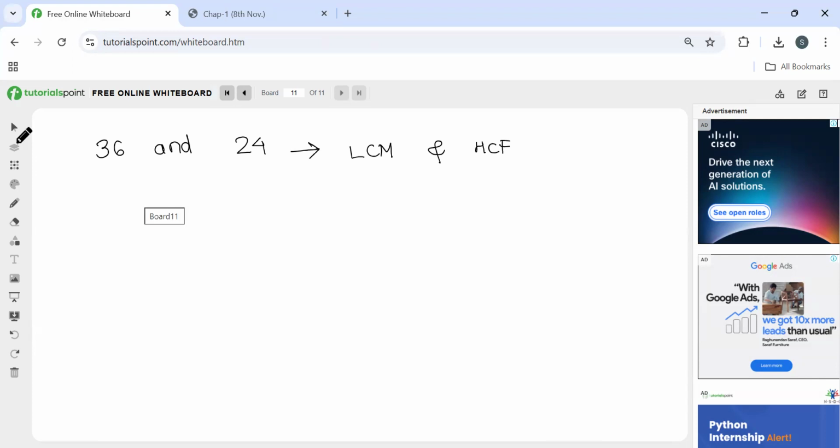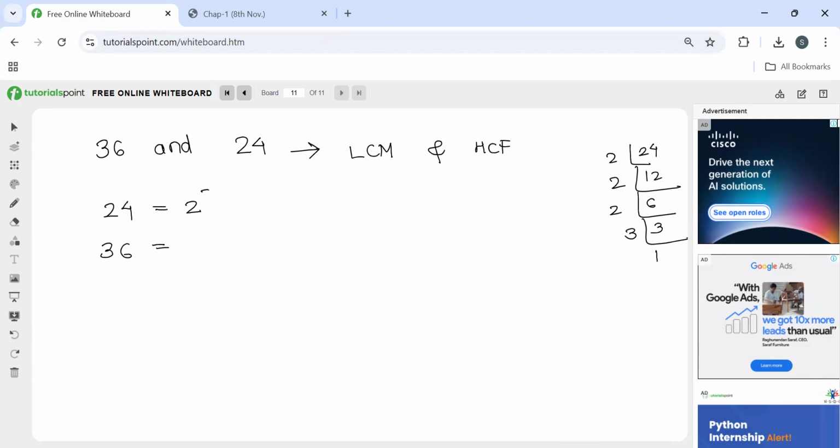It is very easy. You need to prime factorize 24. You also need to prime factorize 36. First, if you prime factorize 24, you will get 24, 12. 12 divided by 2 is 6. 6 divided by 2 is 3. 3 divided by 3 is 1.